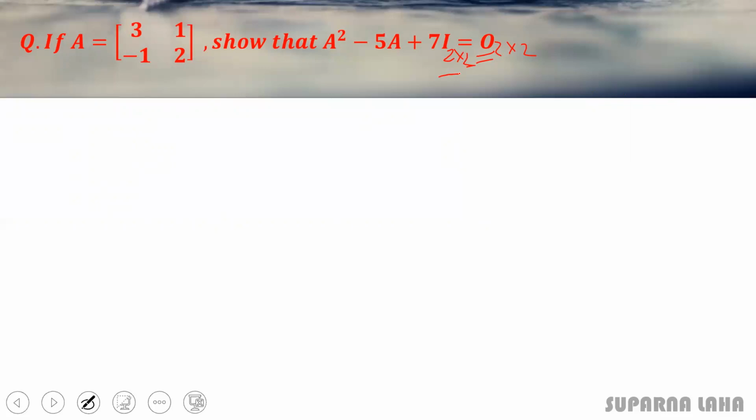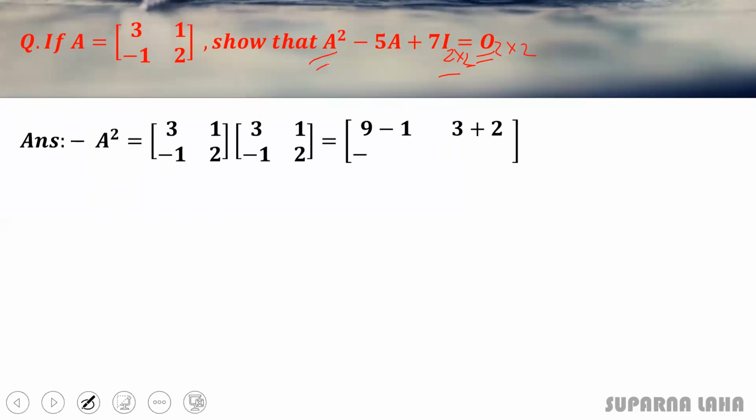Now my first work is to find A square. What is A square? 3 1 minus 1 2 multiplied with 3 1 minus 1 2. Just multiply row with column and simplify it. You will find the matrix A square is given by 8 5 minus 5 3.